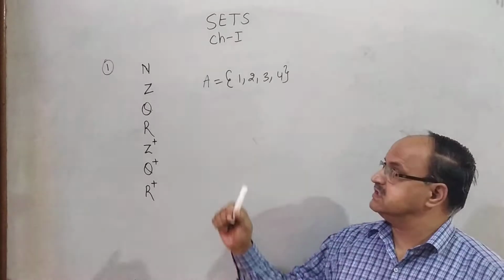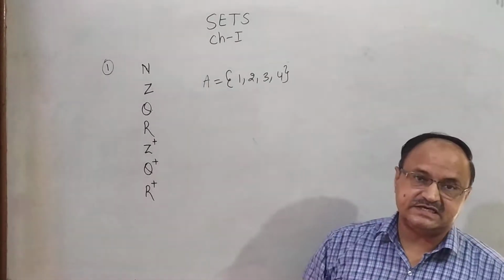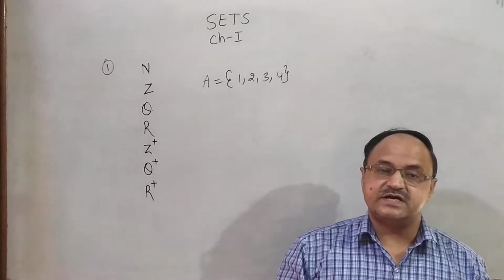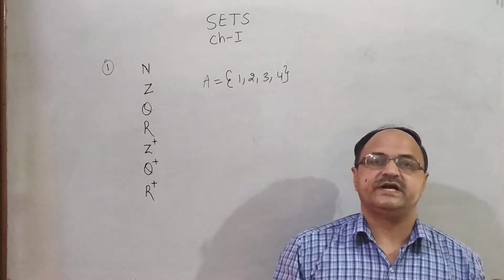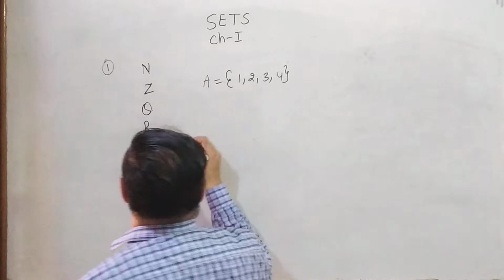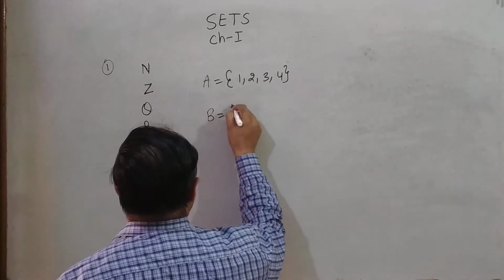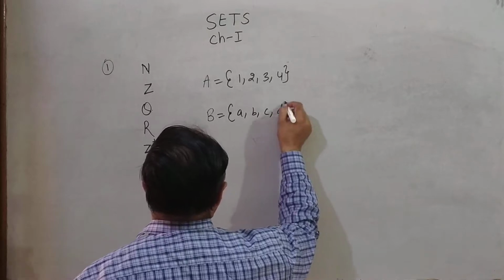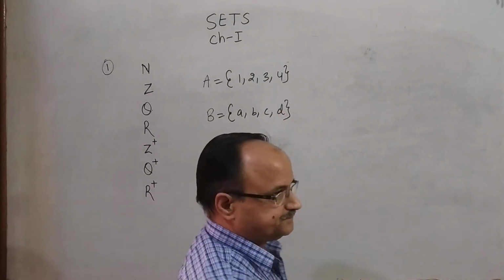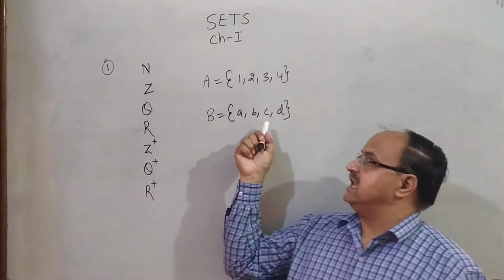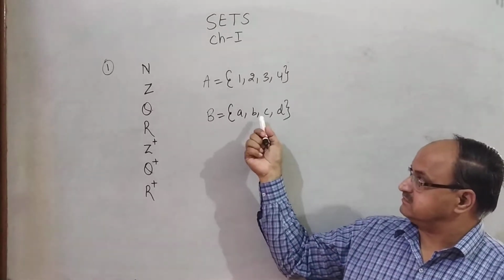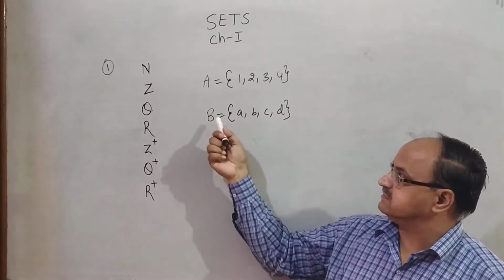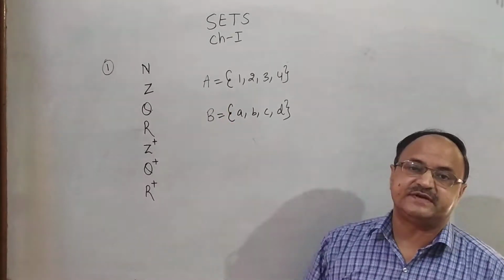Clear? Sets are denoted by capital letters, but elements are denoted by small letters. The elements of the sets are small letters, but the whole set we denote by a capital letter.